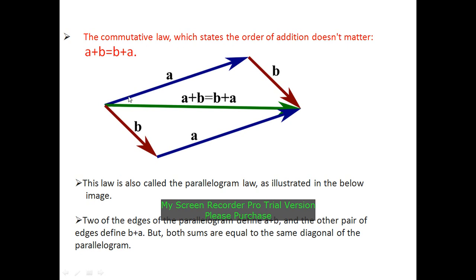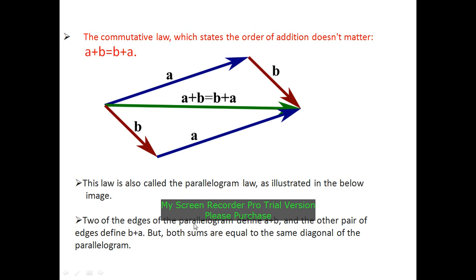So here I generate one parallelogram with the help of vectors A and B. So this is A and this is B. A plus B is equal to B plus A. This law is also called the parallelogram law, as illustrated in the image.